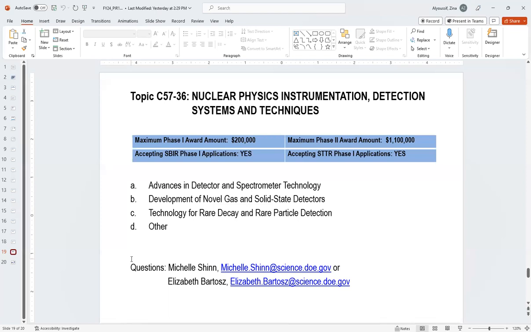We're looking for detectors and techniques to measure very weak or rare event signals. The technologies and analysis are required again for things like neutrinoless double beta decay, or for new isotopes that are produced far from stability at rare isotope beam facilities.